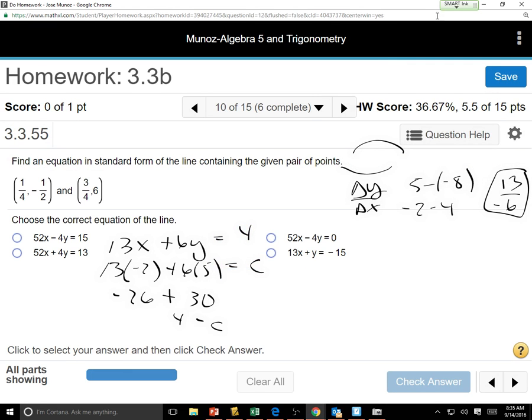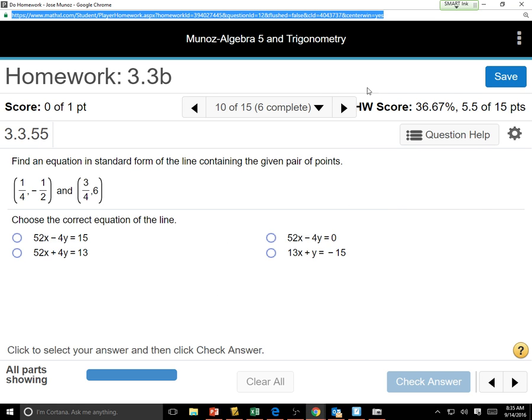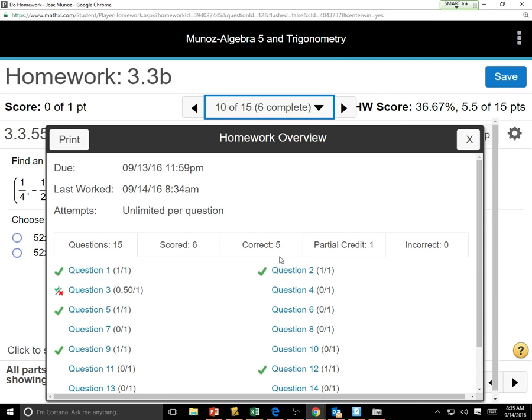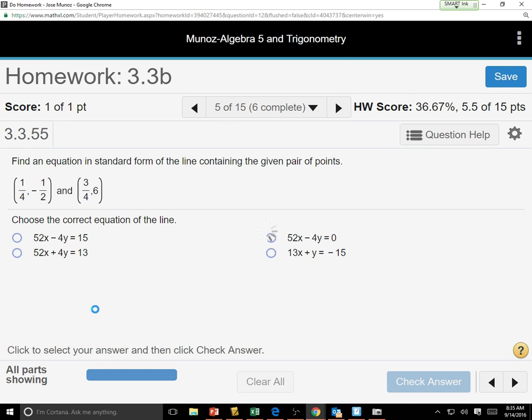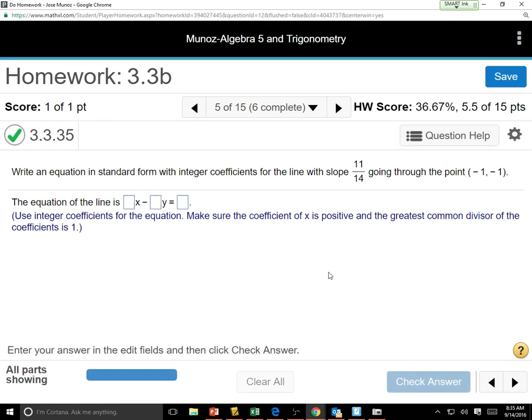Number 5. Didn't we just do 5? No, we did not. Yeah, similar question. Oh, this is even better because they already gave me the slope, right? So this is going to become 11x minus 14y is equal to c. If I plug in the negatives, this is going to end up being negative 11.